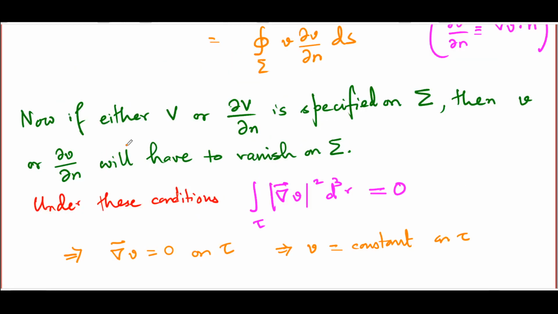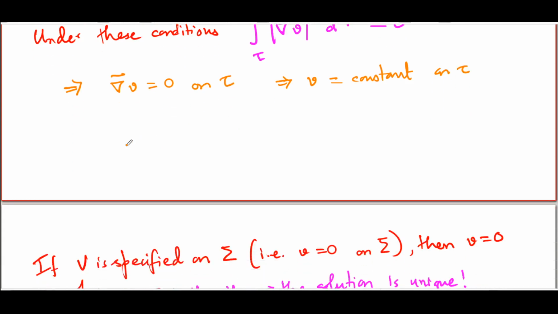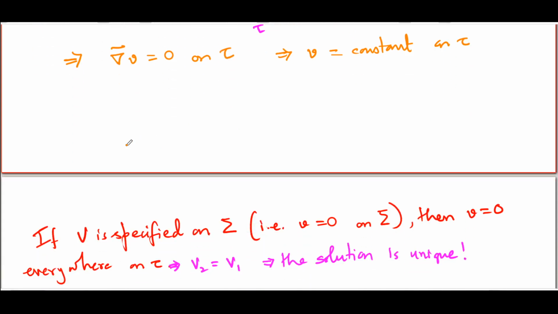Now, if the boundary condition happens to be such that the value of capital V is specified on sigma, then small v has to vanish on sigma. And because it's a constant inside tau and 0 at the boundary of tau, it has to be 0 everywhere in tau. In other words, V2 minus V1 has to vanish everywhere. And so V2 has to be the same as V1.